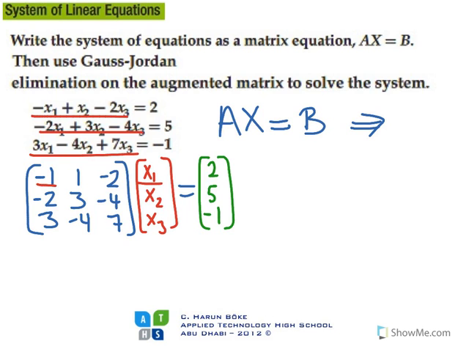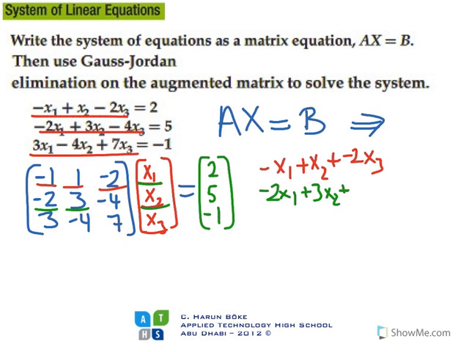Minus 1 times x1 is minus x1, plus 1 times x2 is x2, plus minus 2 times x3 is minus 2x3, and minus 2 times x1 is minus 2x1, plus 3 times x2 is 3x2, plus minus 4 times x3 is minus 4x3.